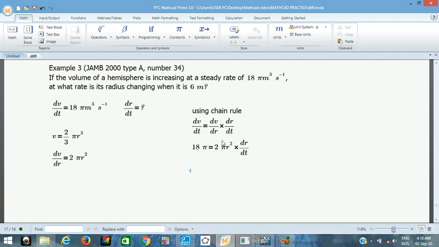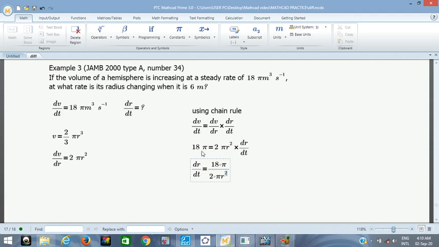If you divide both sides by 2, 2 divided by 18, we have 9. Let me just divide both sides by 2 pi r squared without wasting time. So I have dr/dt equals 18 pi divided by 2 pi r squared.